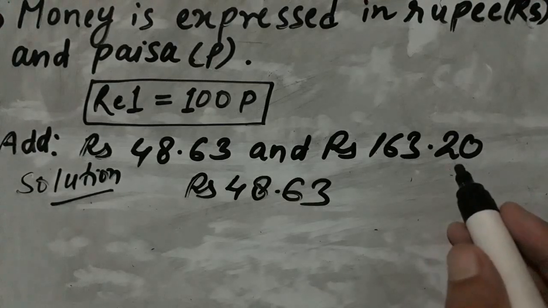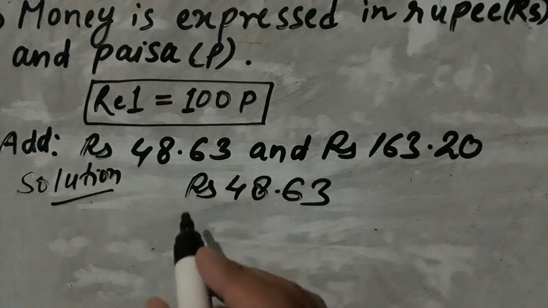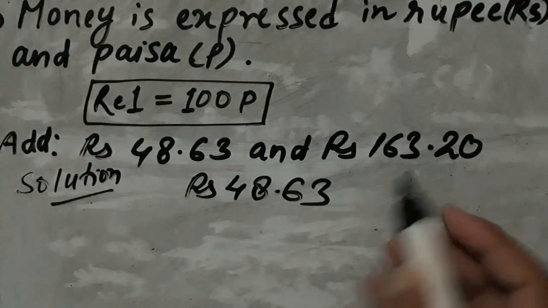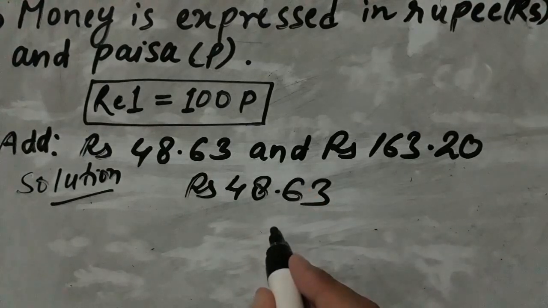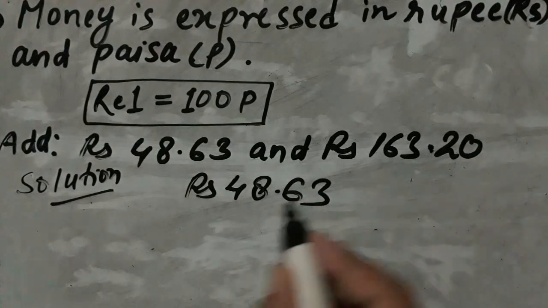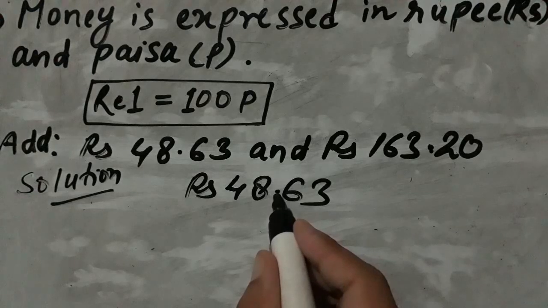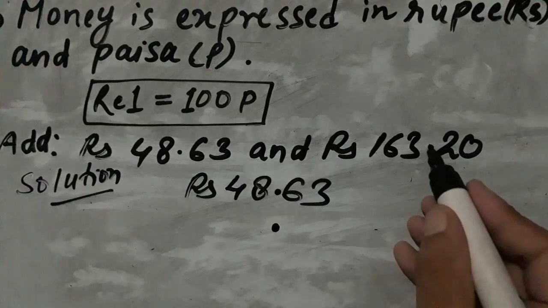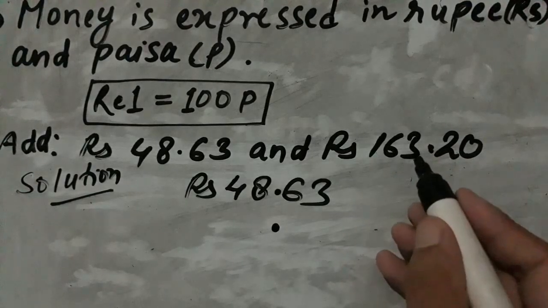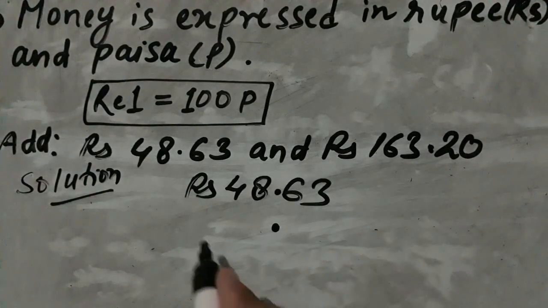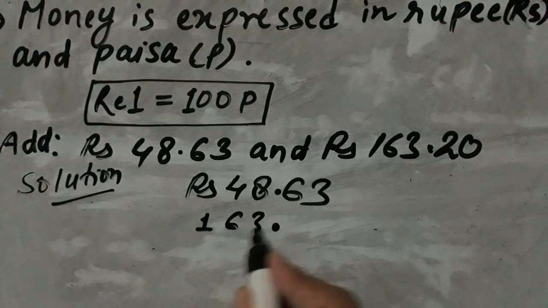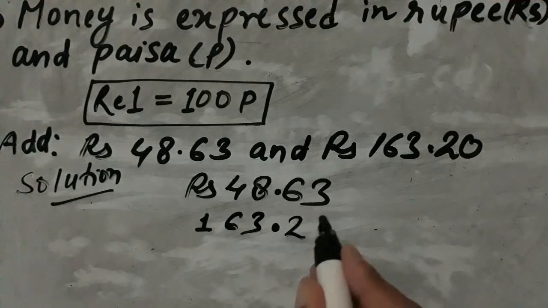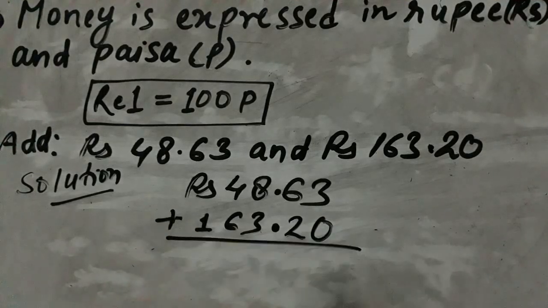As I have already explained, while performing the addition of money, the decimal should be arranged straight up. So students, this decimal we should keep just below this one. So we can see before decimal there is 163, and after decimal there is 20. So let's write 20.